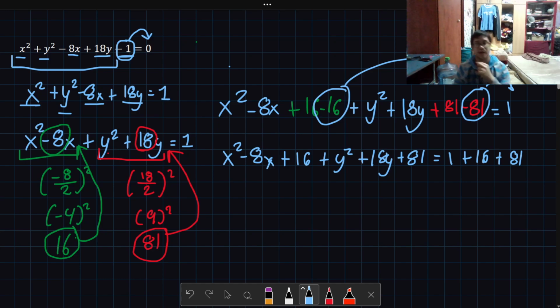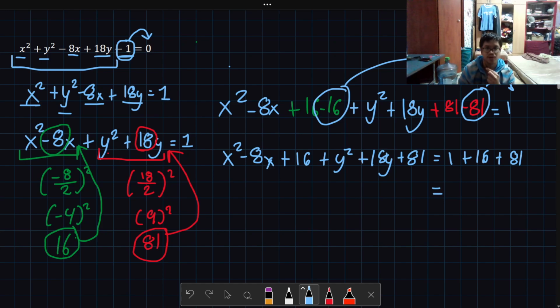That's it. This is the third step overall. Then now, what are we going to do? For your last step, or the fourth step, simplify.